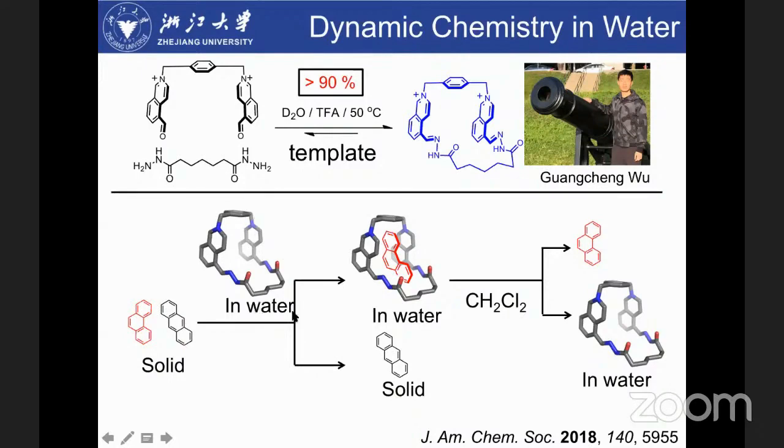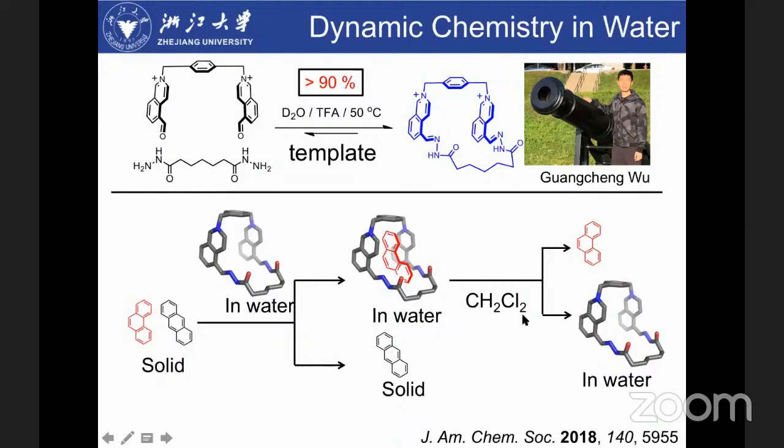We can see this macrocycle only recognizes phenanthrene. This is because this macrocycle has a bent cavity, and this is linear, right? The bent host would like to bind with the bent guest, and we can see this binds the phenanthrene selectively and leaves the anthracene not soluble in water, and we can do separation.